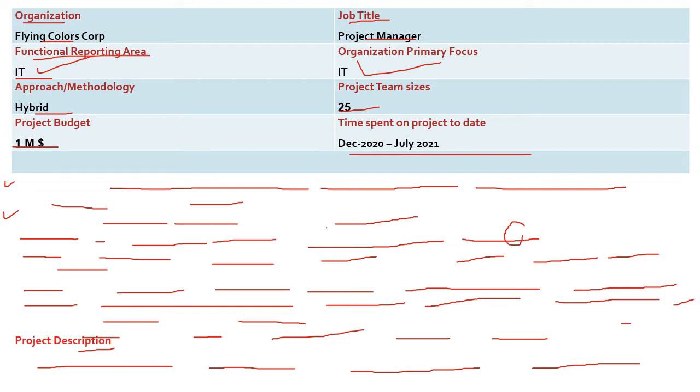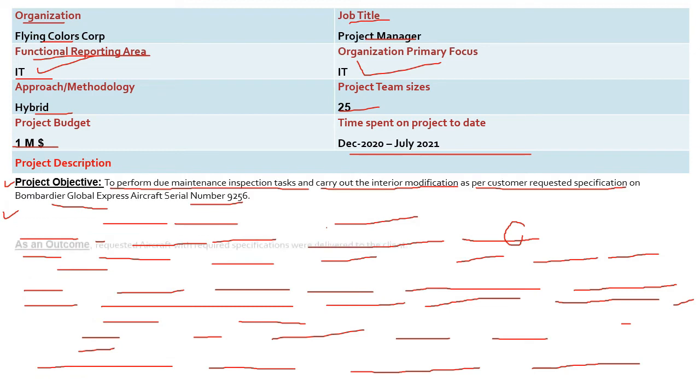Now let's talk about project descriptions. How exactly will you write the project descriptions? Start first with project objectives. Let me read, just as an example: to perform due maintenance inspection tasks and carry out the interior modification as per customer requested specification on Bombardier Global Express aircraft serial number 9256.